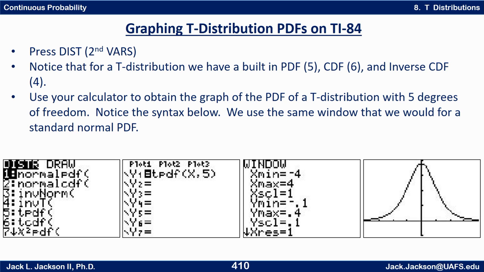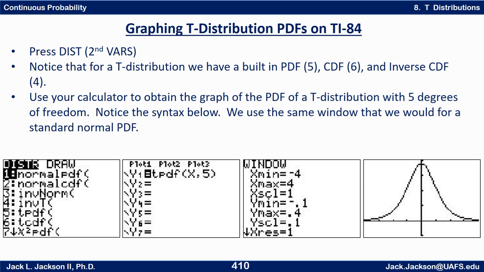So if you hit distribution, which remember is second variables, you will notice that it will come up with a list of different distributions. If you remember, that's where we got our normal PDF, normal CDF, and inverse normal. But if you look right after those, 4, 5, and 6 are an inverse T, a T-PDF, and a T-CDF. So notice that we have all three of those available: an inverse norm, an inverse T, a T-PDF, and a T-CDF.